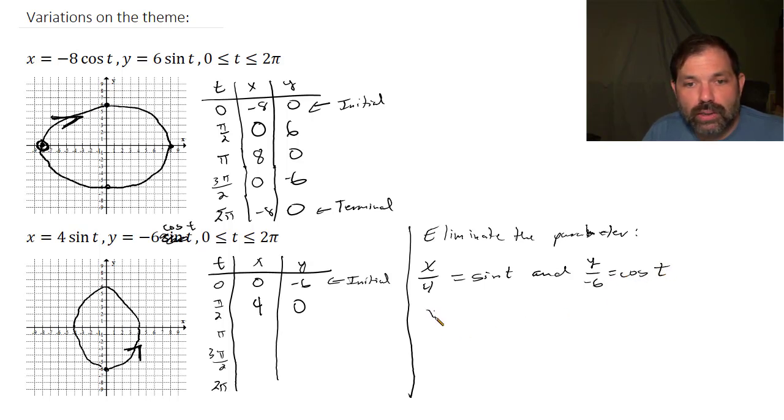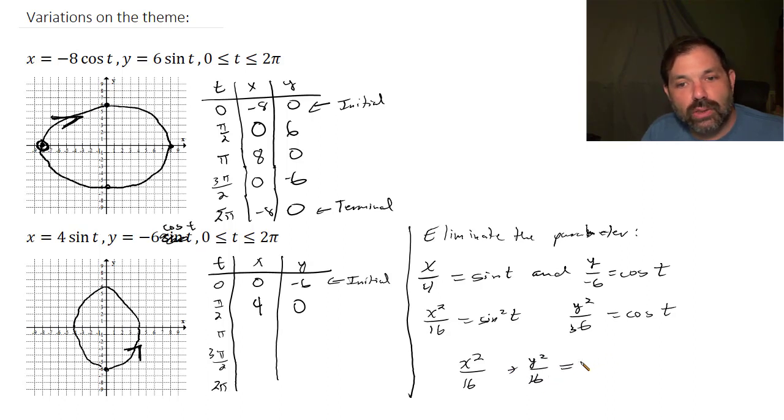Then squaring both sides, I get x squared over 16 is sine squared t, and y squared over 36, a negative number squared is positive, is equal to cosine squared t. And so then x squared over 16 plus y squared over 36 would equal sine squared t plus cosine squared t, which is 1.